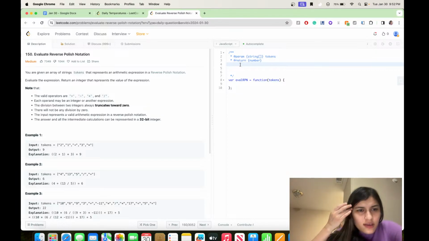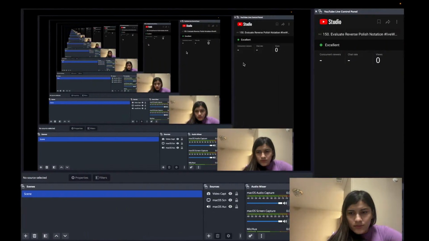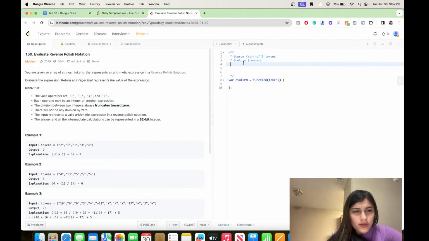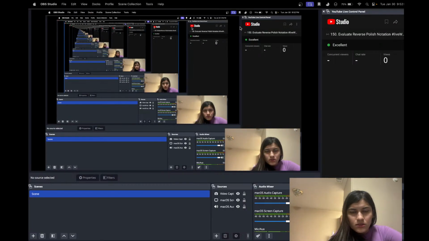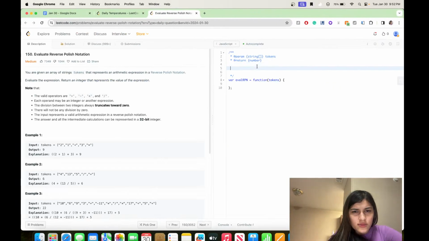So, evaluate Reverse Polish Notation. You are given an array of strings tokens that represents an arithmetic expression in Reverse Polish Notation. Evaluate the expression.